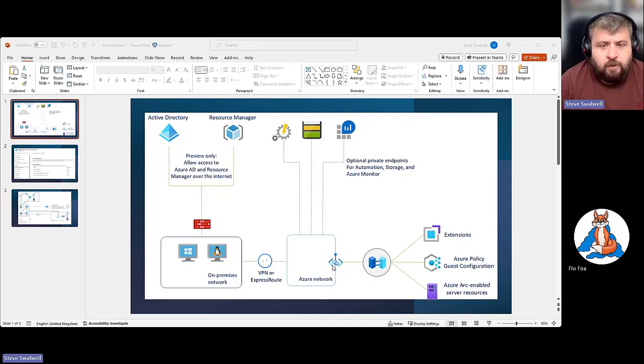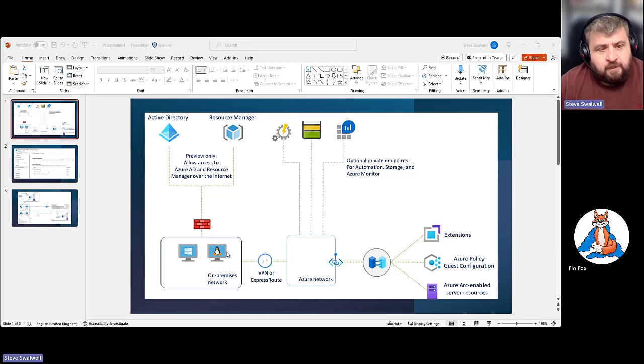There are other endpoints available for storage, for Azure Monitor, for automation endpoints, and to get access to that, you can have either a VPN or ExpressRoute to your on-prem.